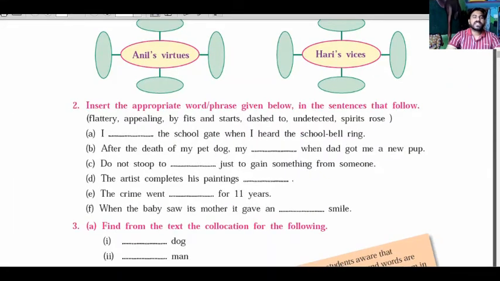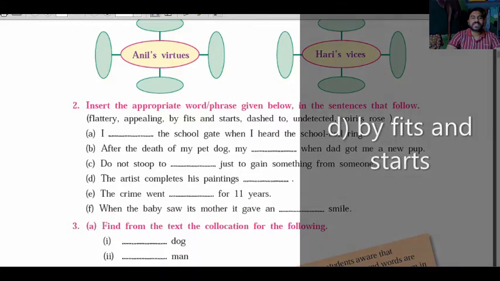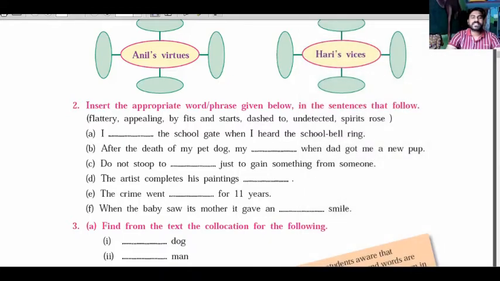Then the artist completes his paintings, and there we can put by feats and starts. Okay, the artist completes his paintings by feats and starts. Then next E, the crime went dash dash for 11 years.